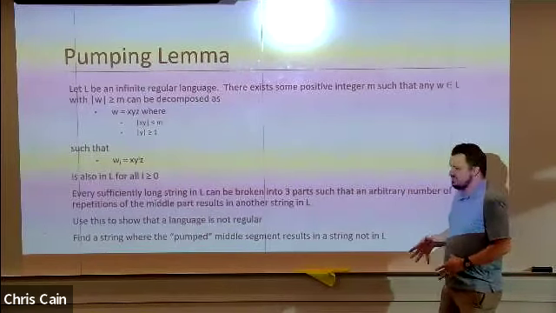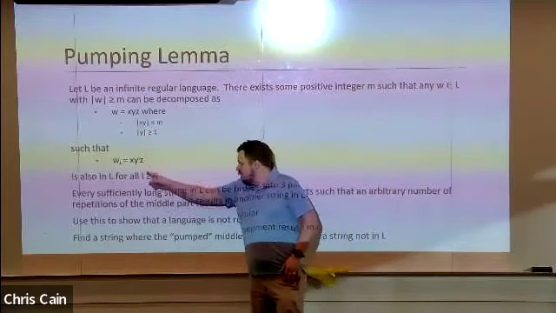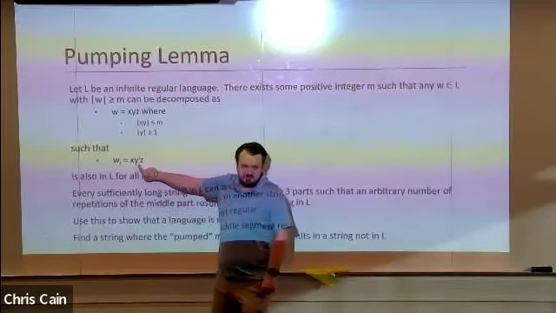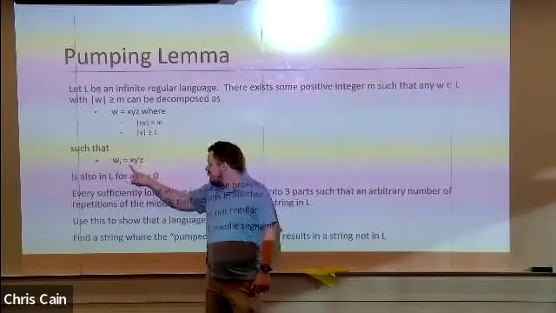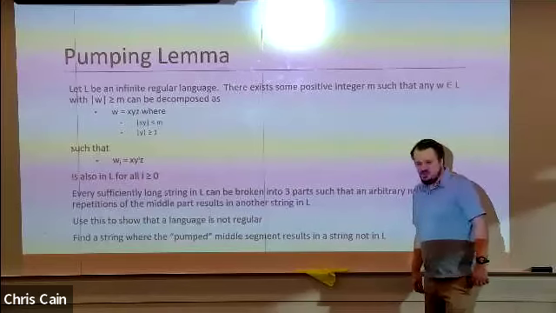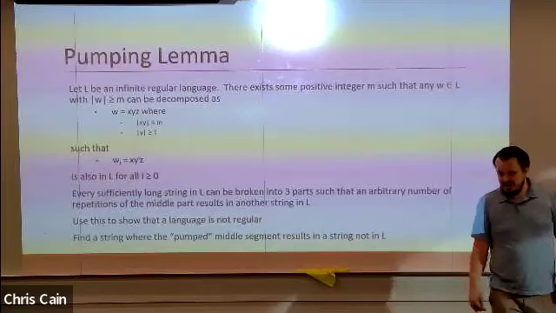If it cannot be broken down as such, then we have a problem. And if you come up with that breaking down that adheres to these requirements and pump the string some number of times, you create a string that is not in the language. Then that also works as a counterexample to that proof, which is the direction that we're going to be going.